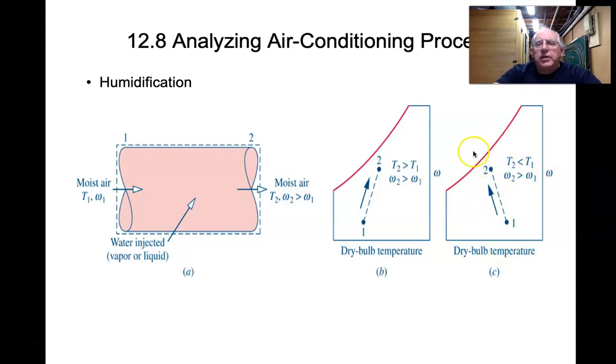Okay, this particular process, where you start off with relatively warm, very dry air and just allow moisture to come in through some type of wetted mesh, is what's called a swamp cooler.